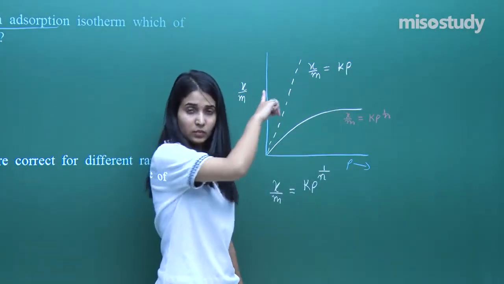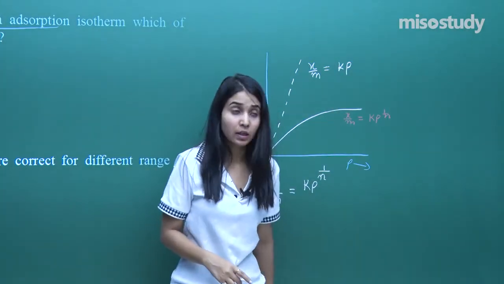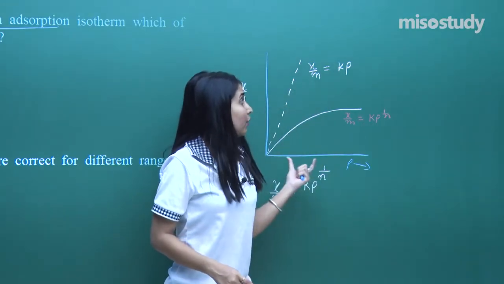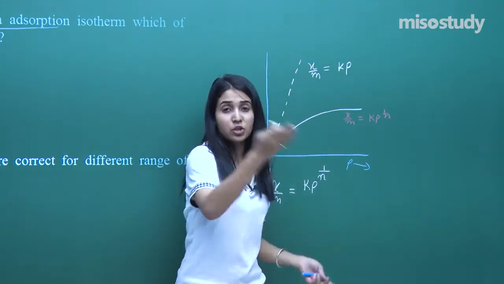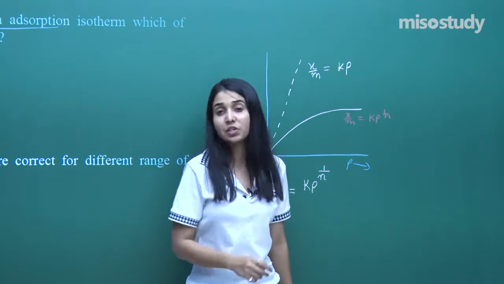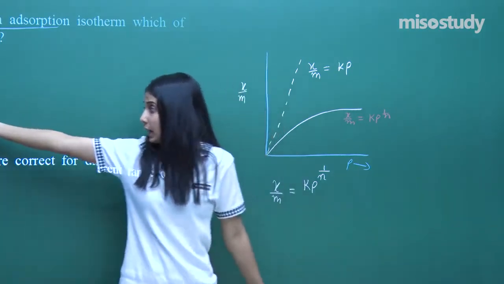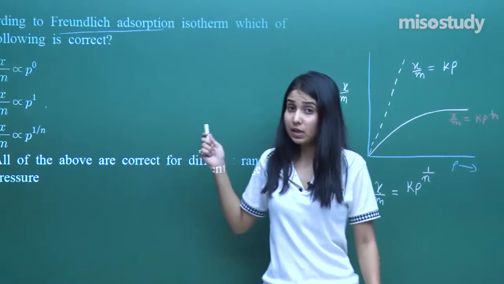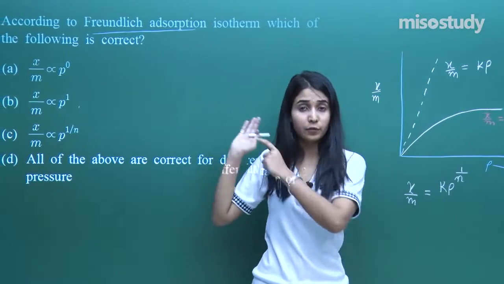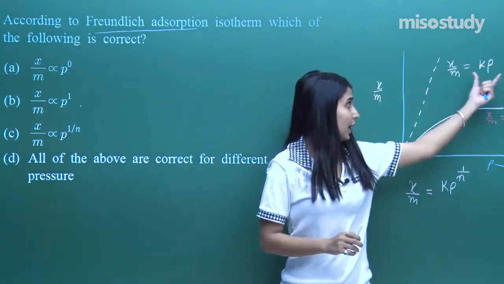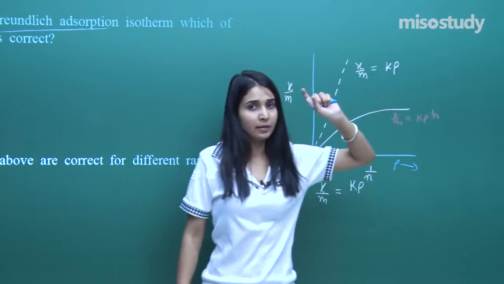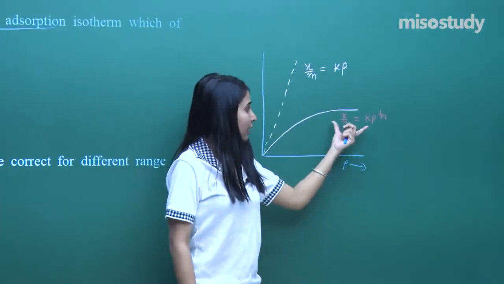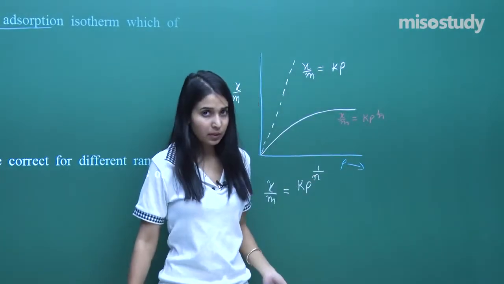If I get Kp, I get a straight line graph. That means if the pressure range is low, somewhere I can apply this context. That means this can be applied over a different range. So if I have low pressure, I apply it there. Then I come to the fractional part that is being applied.